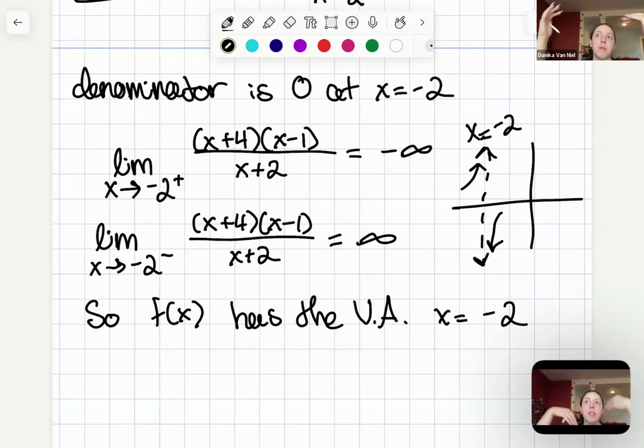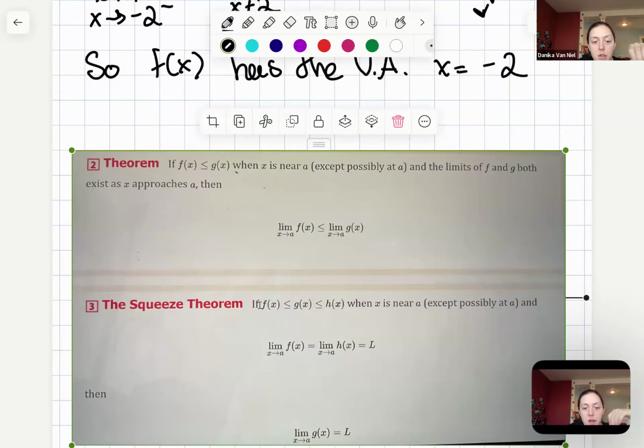If they disagreed because one side was going towards 3 and the other side was going towards -1, that's not a vertical asymptote, because a vertical asymptote is where you're shooting in some direction. Does that make more sense? Okay.